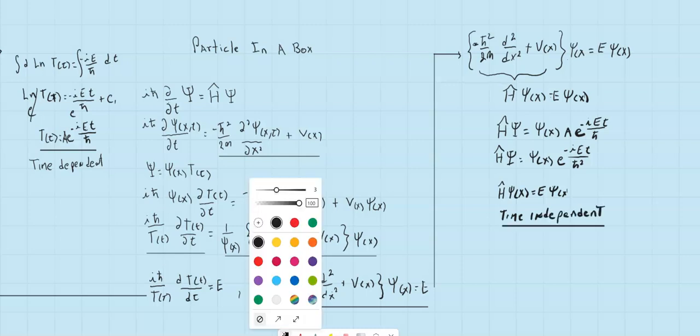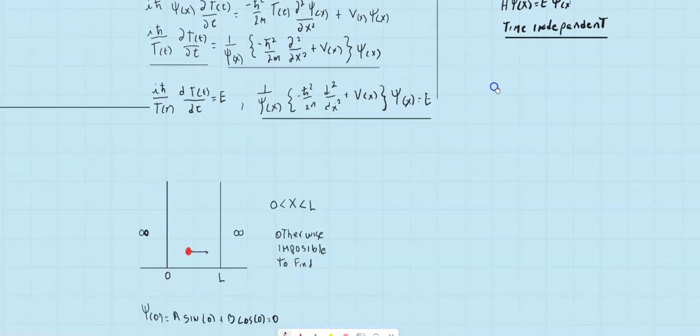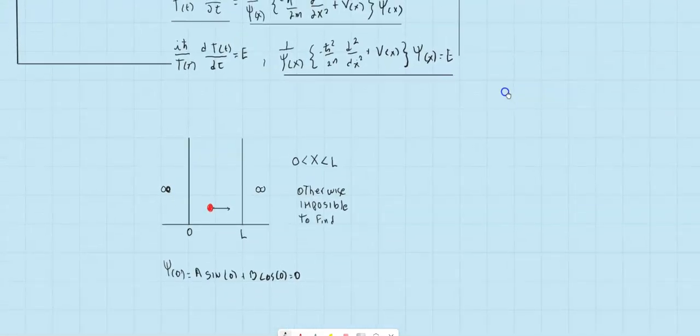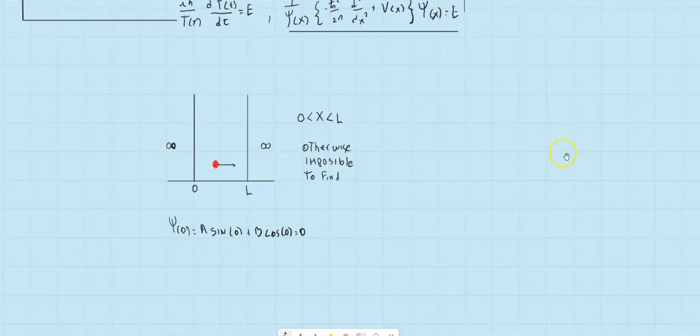So now that I know this, I can just come and solve. I have all of this right here, and solve for my particle in the box. And I wrote my particle inside the box.